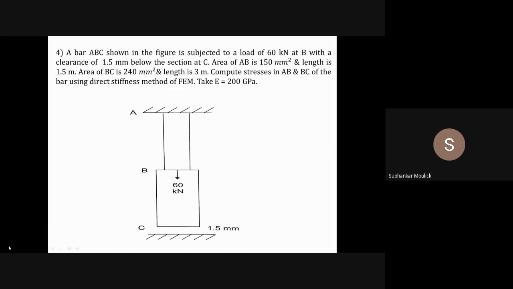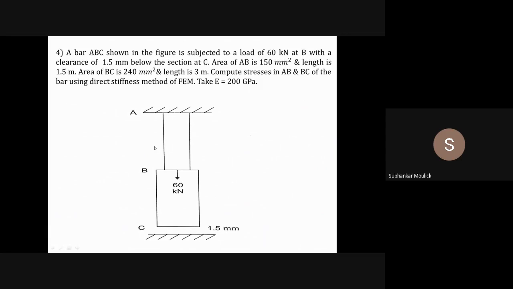But if nothing has been given to you in the problem, then you have to see the marks of the problem. If the marks are 15, definitely you will not go for 2 elements, you have to go for 4 elements. And if the problem is of 7 marks, and nothing has been told about how many finite elements to divide into, then definitely you will go for 2 elements.